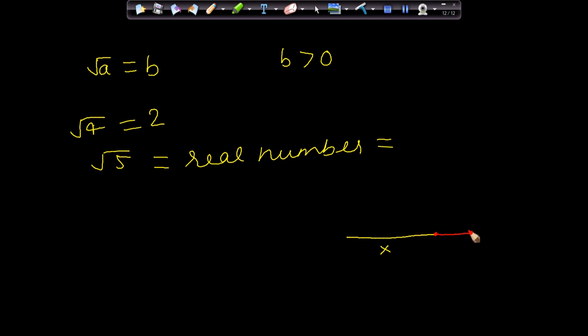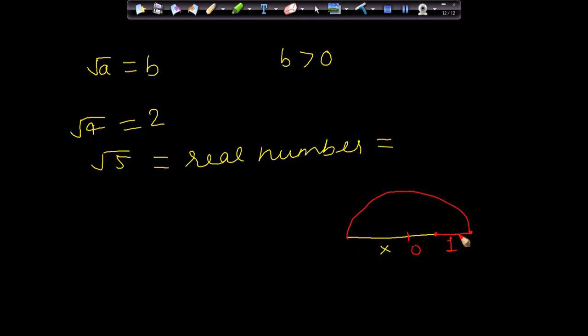Then we draw a semicircle taking this as a diameter, or rather taking this O as a center, where this length is x, this is 1.